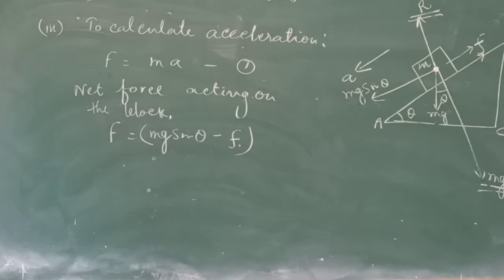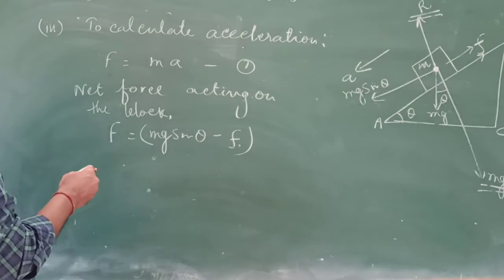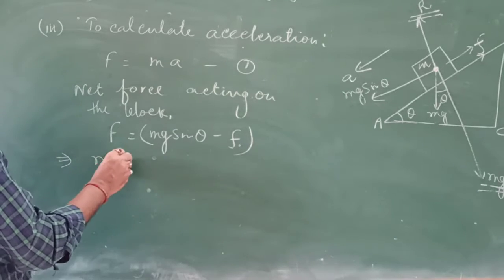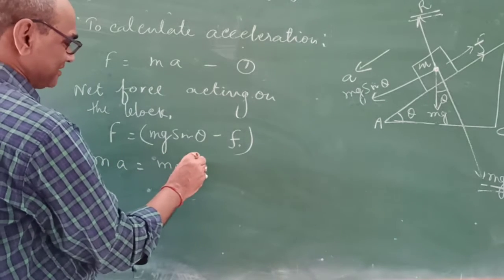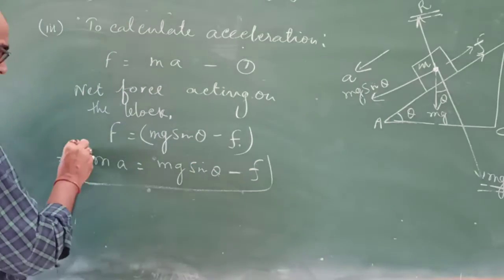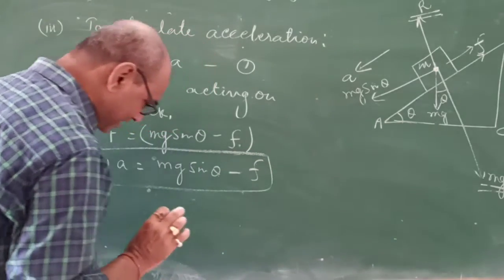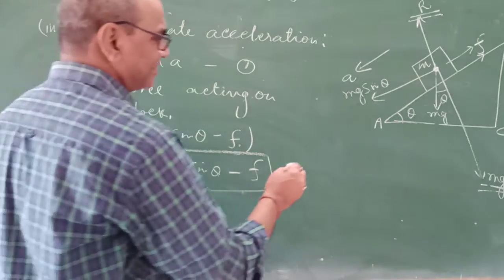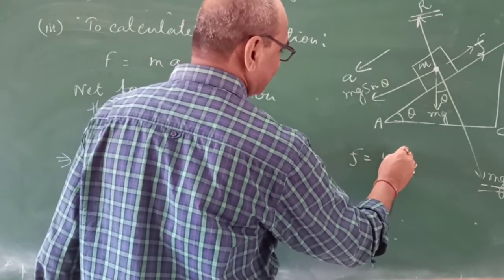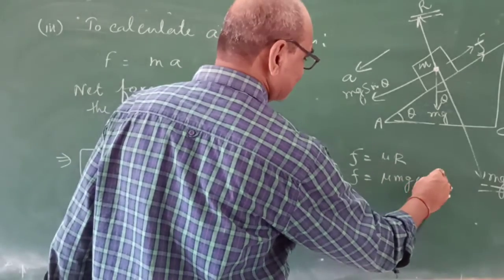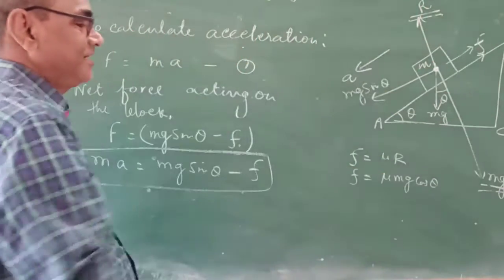And f is equal to mu into R. R is equal to how much? mg cos theta. Therefore, left hand sides are equal, so right hand sides are also equal: m into a is equal to mg sin theta minus f. The acceleration has not been calculated yet. Now f is equal to mu R, so f is equal to mu mg cos theta, because from this diagram R is equal to mg cos theta.